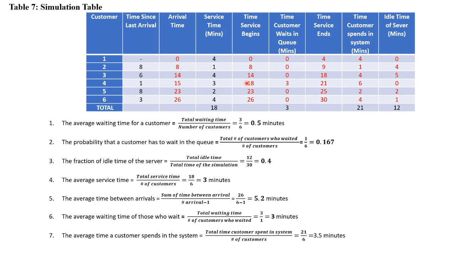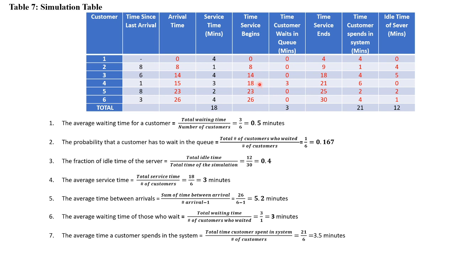The time service begins is going to be the time that customer 3 left the system. Customer 3 left at 18, but customer 4 is in the system at 15, so it has to wait for customer 3 to leave. As soon as customer 3 leaves, the server starts attending to customer 4, so the service begins at 18.